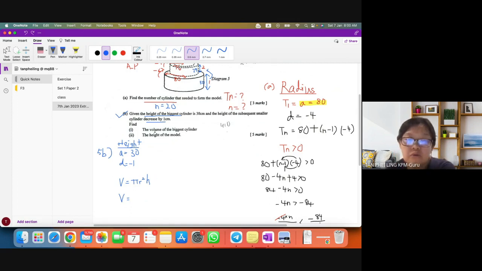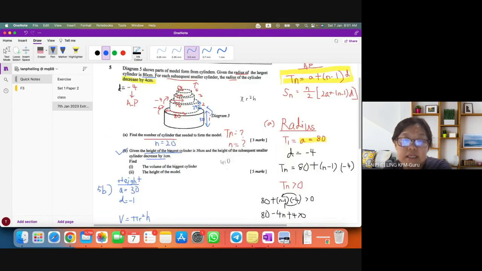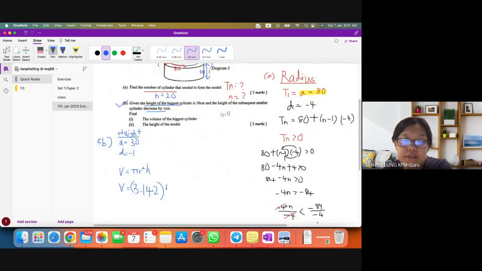But I would strongly suggest all of you that once they ask for volume, just put in 3.142. And then the radius is given in the question, the biggest one is 80, so we need to substitute in 80 square.